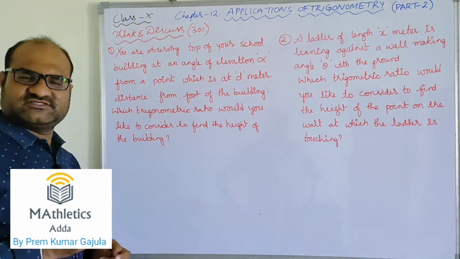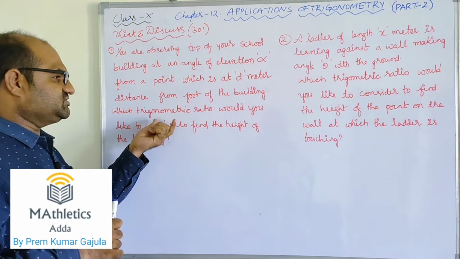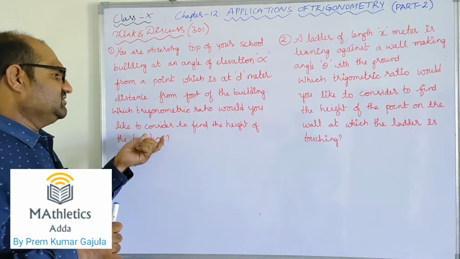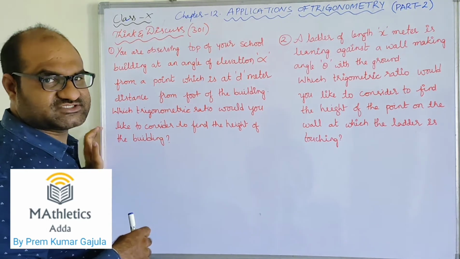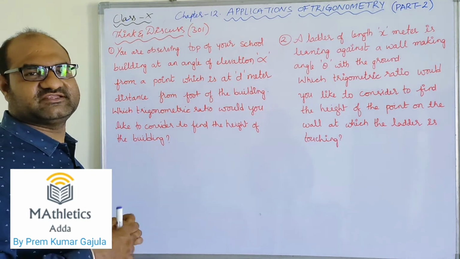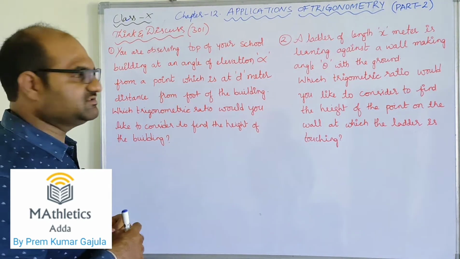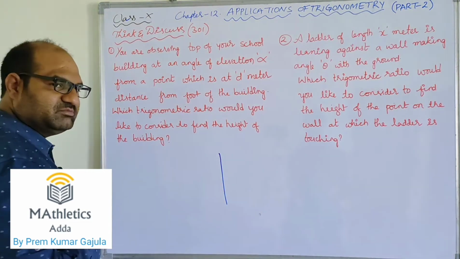First of all, we cannot say which trigonometric ratio we would like to consider to find the height of the building unless we draw the figure. So first let us draw the figure, then by looking at the figure we can decide which ratio is to be considered to find the height of the building. So now I am taking this as the school building.